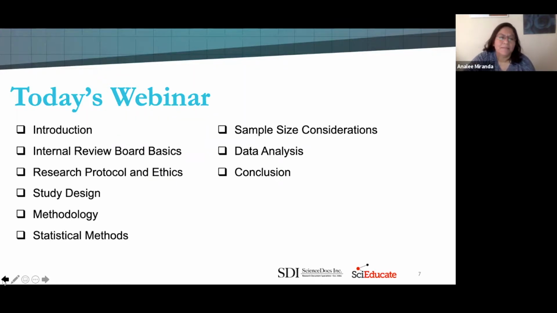Then I'm going to talk about research protocol and ethics, which most people don't think belong with a statistics talk, but I think that's the basis of how I learned a lot of this topic. Then I'll go over study design, methodology, statistical methods, sample size considerations, data analysis, just the regular typical statistics information, and I'll conclude.